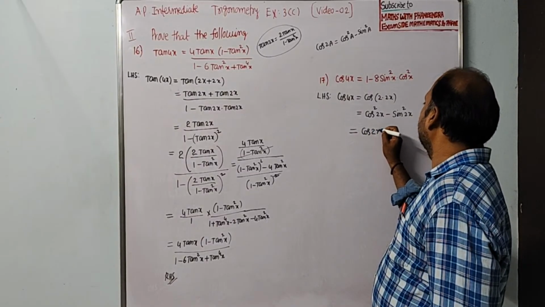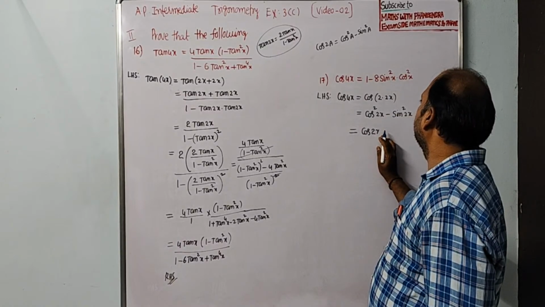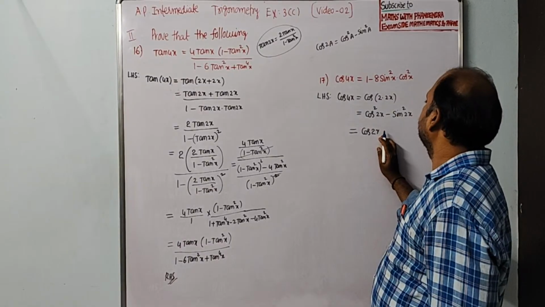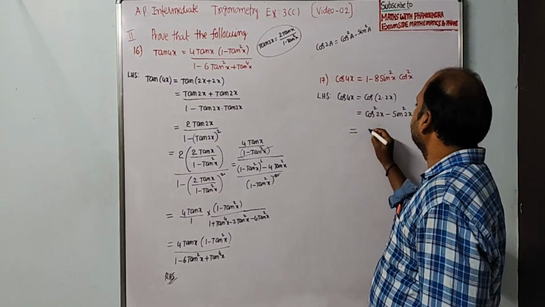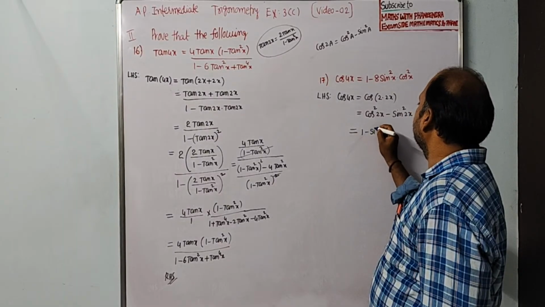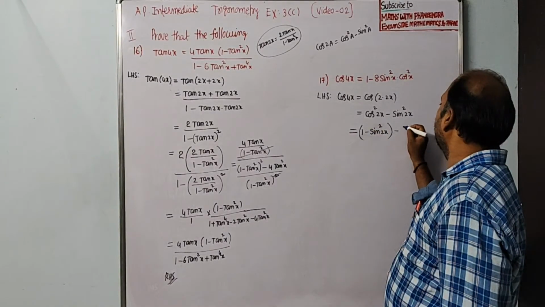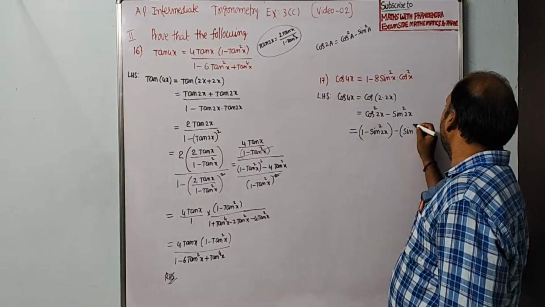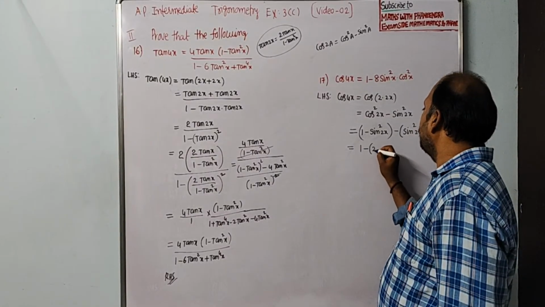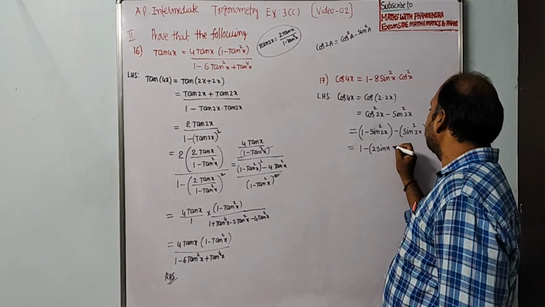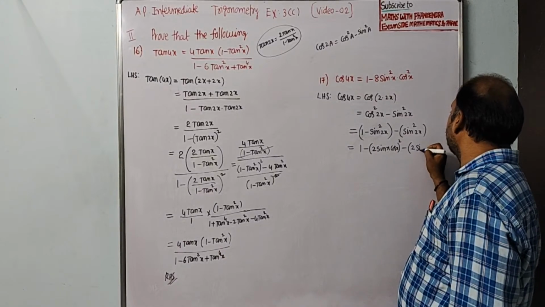cos 2x, cos square a minus sin square a. One minus sin square 2x minus sin square 2x, which is equal to 1 minus (sin 2x) whole square, no, (2 sin x cos x) whole square, minus (2 sin x cos x) whole square.